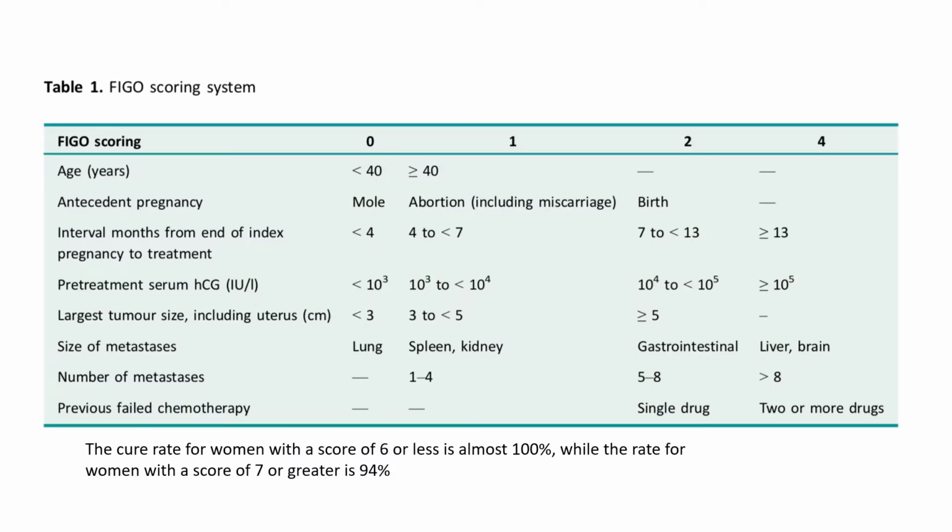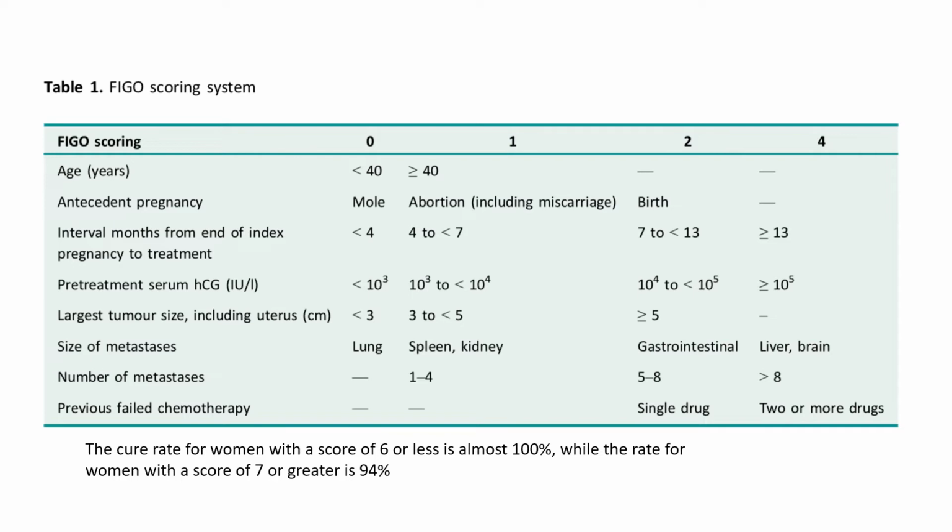FIGO scoring system for molar gestational trophoblastic neoplasia. It's important to note what sort of criteria is used, so things like age, antecedent pregnancy, interval months from end of index pregnancy to treatment, pre-treatment serum HCG, largest tumor size including uterus in centimeters, site of metastases, number of metastases, previous failed chemotherapy, and then it goes on to score it from 0 to 1 to 2 to 4.